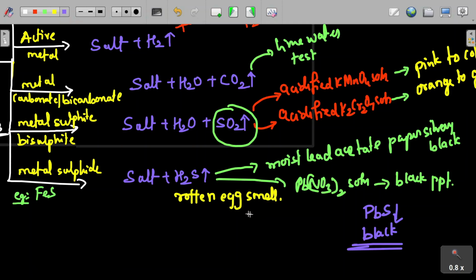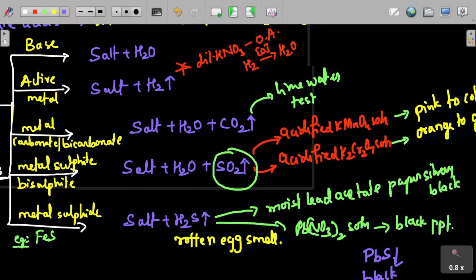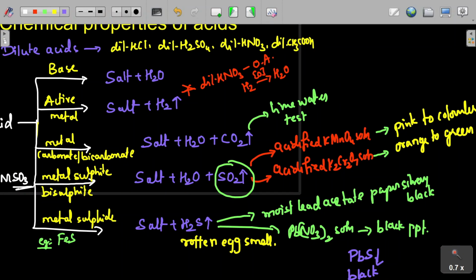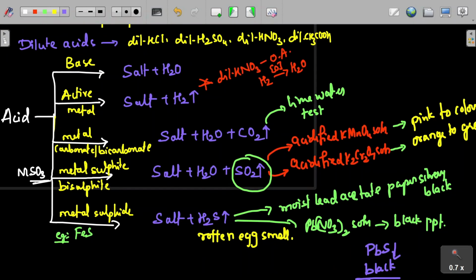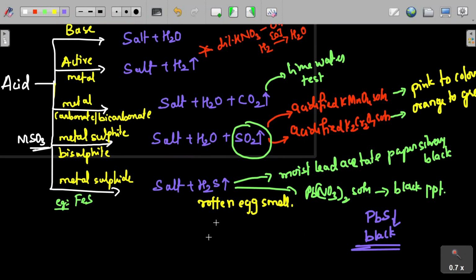Yes, Danish, do you have any doubt? Can you also mention acidified potassium dichromate or permanganate solution for H2S? What will happen there? It won't be clear colorless.